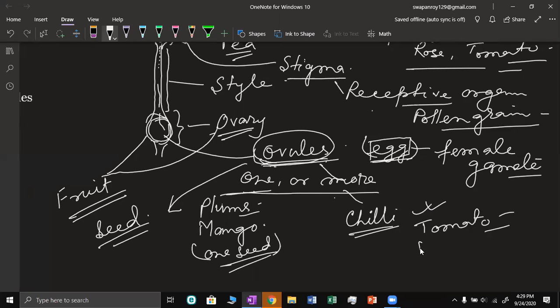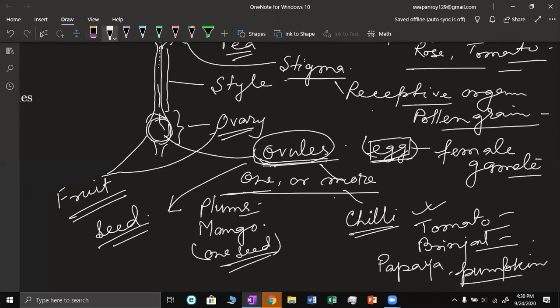When you cut brinjal, papaya, or pumpkin, you get many seeds. So they have many ovules.